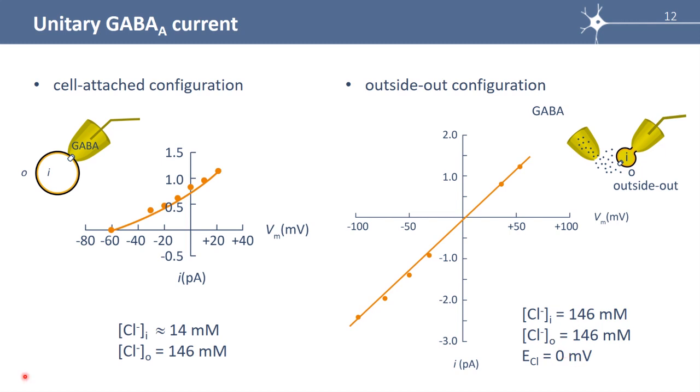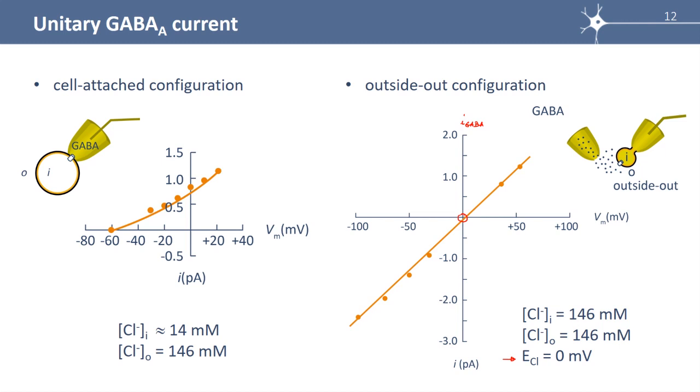And what we see here, if we redo the IV curve, so I remind you that this is the unitary GABA current with a lowercase i versus membrane potential, so it's a holding potential. We see that it reverses around 0, which fits with the hypothesis of chloride ions, and it's inward for hyperpolarized potentials and outward for depolarized potentials.